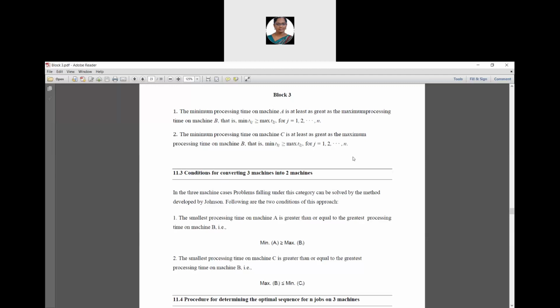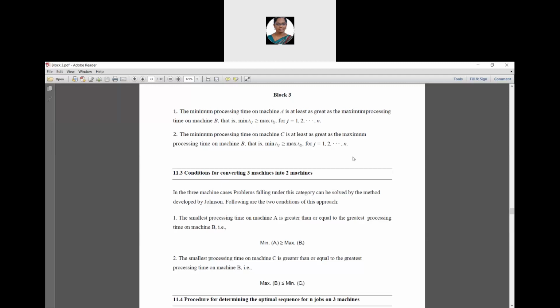That is, minimum of A greater than or equal to maximum of B. And in the second condition, the minimum duration of the third machine is greater than or equal to the maximum duration of the second machine. That is, minimum of C greater than or equal to maximum of B. That is what is there in the condition.